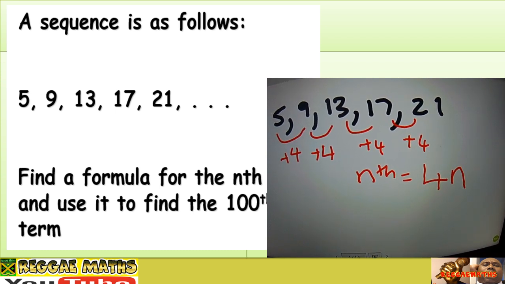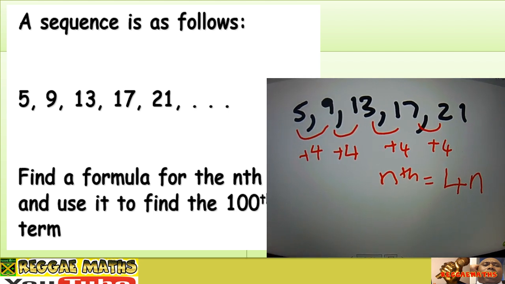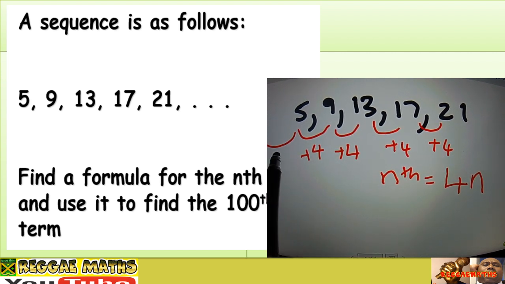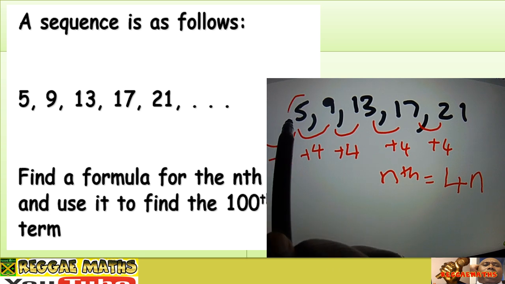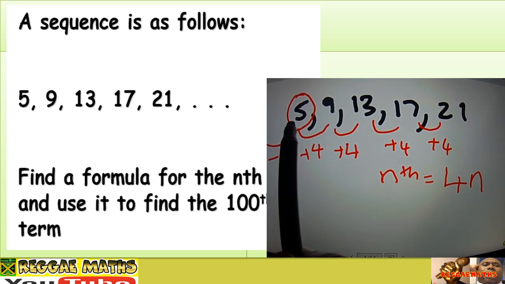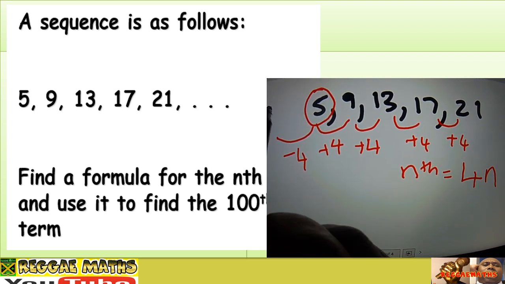Now to work out the 0 term, what we need to do here, guys, is go in the opposite direction. So we're going to take away 4 from the first term. The first term in this case is 5. So I'm going to take away 4 from 5, and I get plus 1.